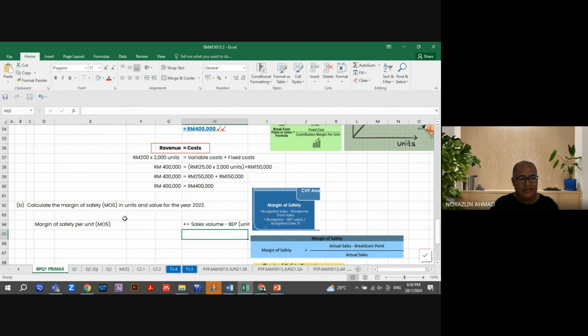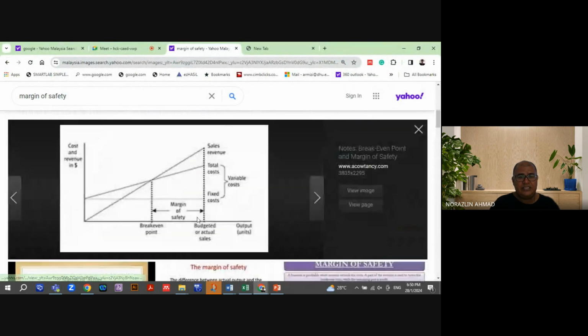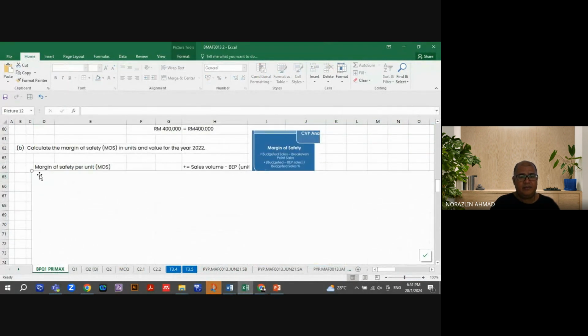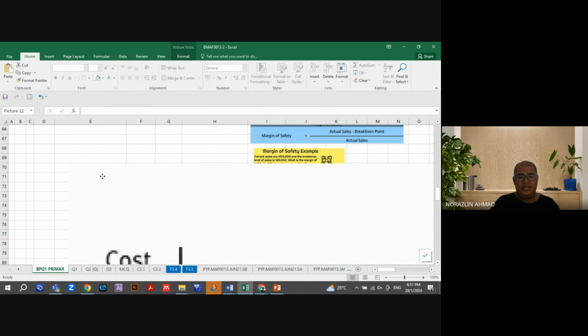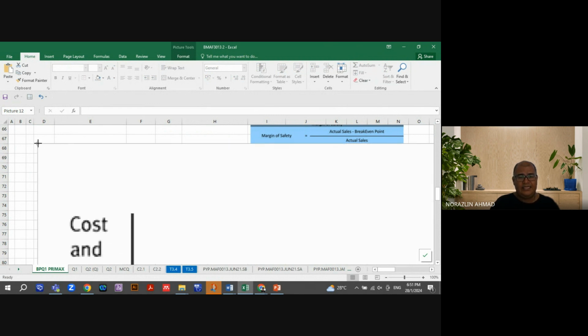If we look at this one, which one is margin of safety? How many units are safe? It is the safe level.